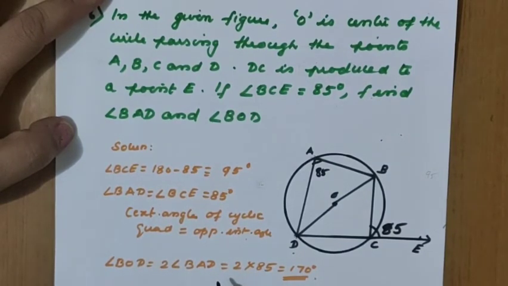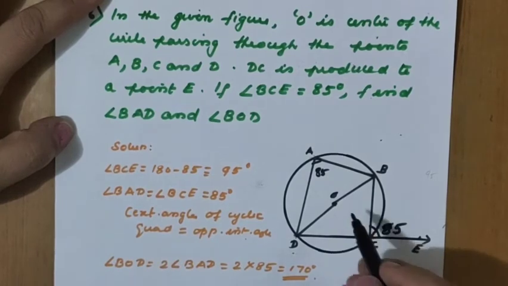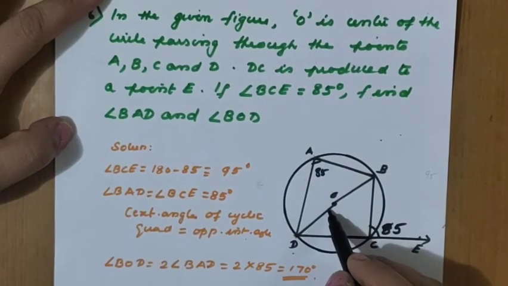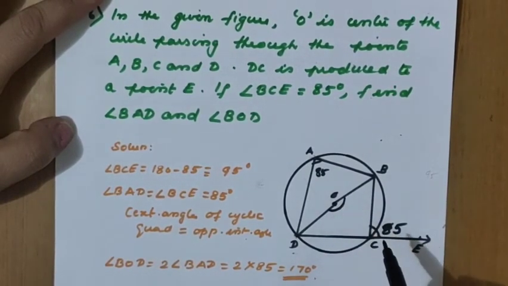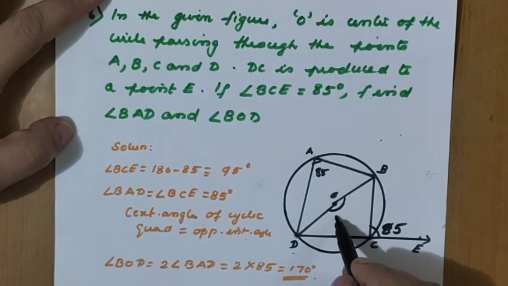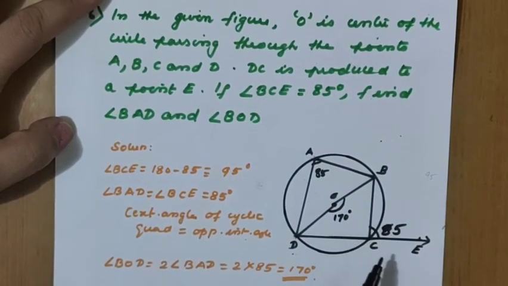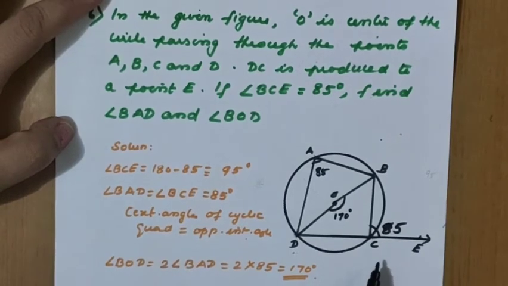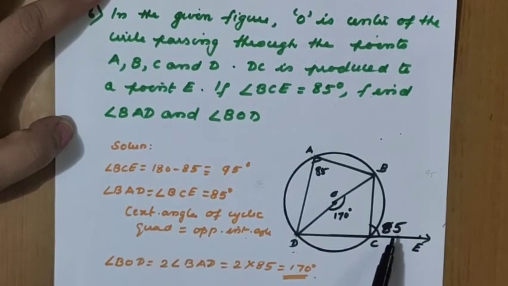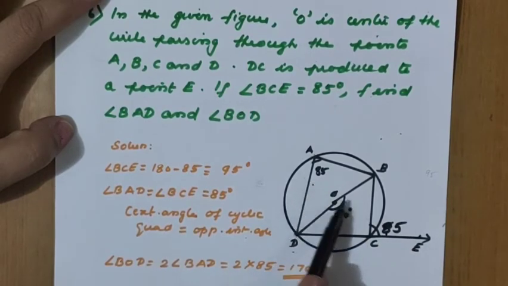Now we have to calculate BOD only. BOD is 2 times BAD because of the angle subtended by an arc theorem. So 2 into 85 equals 170 degree. If you are asked for the reflex angle, we have to go this way, otherwise we can go this way only. So 170 degree. It is an easy concept because the exterior angle of the cyclic quadrilateral is equal to the opposite interior angle, so both the values are 85.